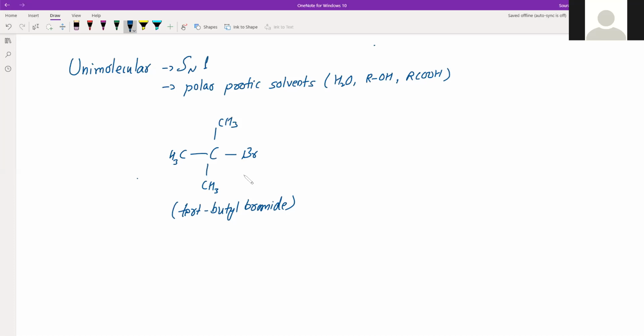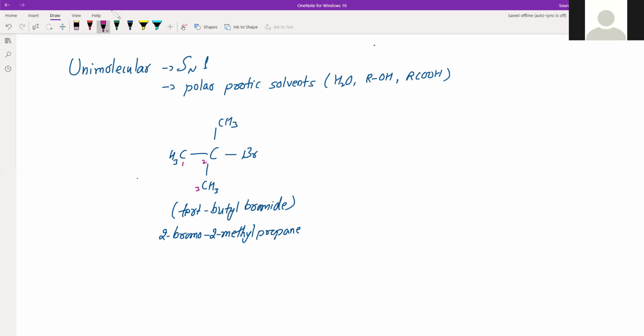So as per IUPAC, it will be 2-bromo-2-methylpropane. Right? So this is the first carbon, this is the second carbon, and this is the third carbon. So 2-bromo-2-methylpropane is the name of this compound.